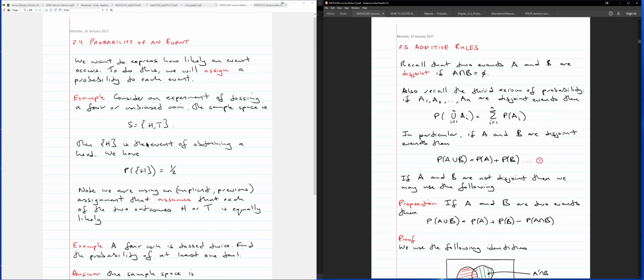The fact that this coin is fair means that the probability of getting a head is a half, and the probability of getting a tail is a half.